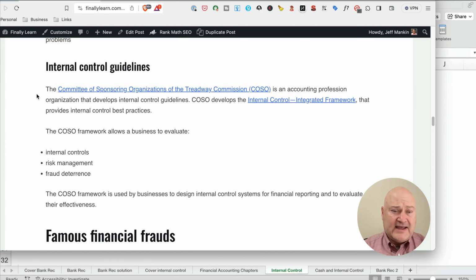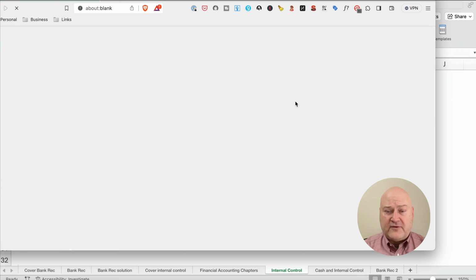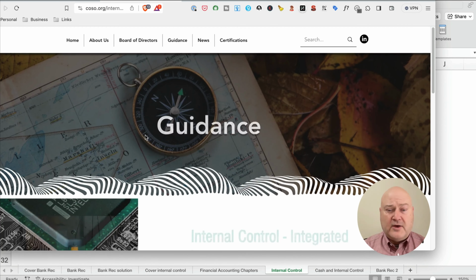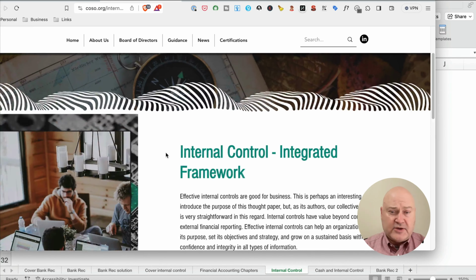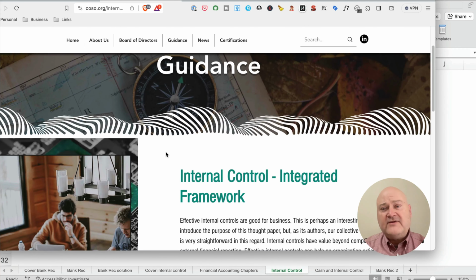There is such a thing as COSO, the Committee of Sponsoring Organizations of the Treadway Commission. This organization develops the Internal Control Integrated Framework. So if we click on through, COSO says, hey, here's our integrated framework, and it gives guidance on what we should look at for internal control. All right, so this is helpful for you, hopefully, with internal control.